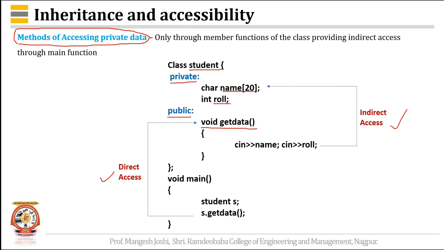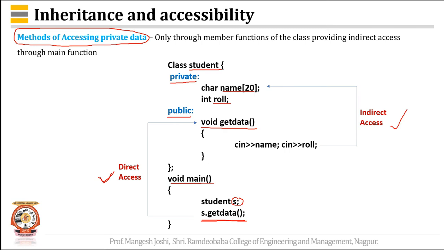And you have a void main function. You are declaring an object S of class student. And you are calling that get data function with that object name, that is s dot get data. This type of access, s dot get data, is called direct access. Why is it called direct access? Because you can directly call the get data function using the object name.